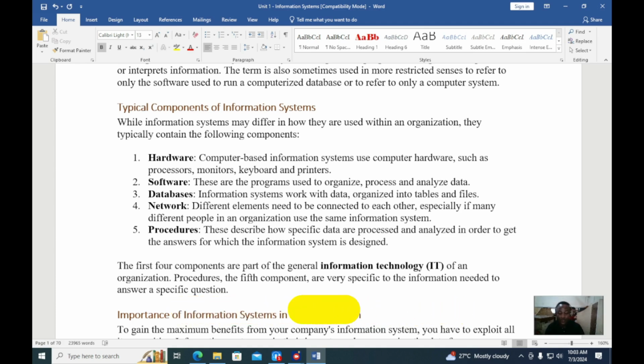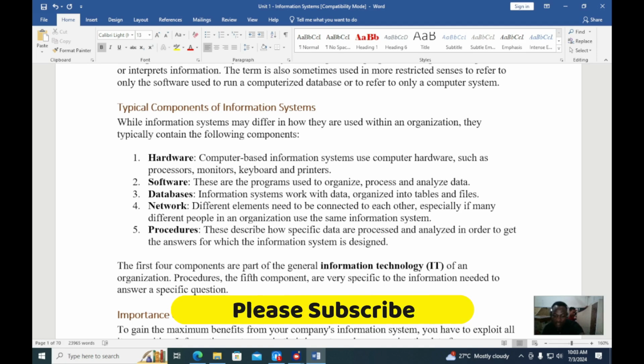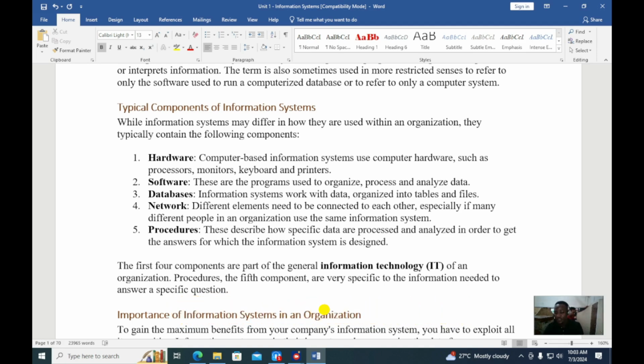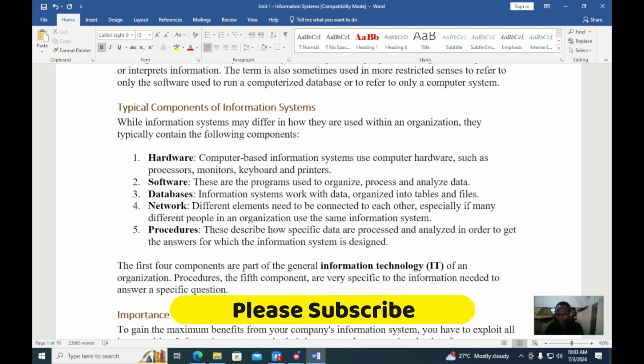Number 5 is procedures. When we talk about procedures, we are looking at the process, the protocol, or the methods in which given data is going to be processed and analyzed, for it to be meaningful, for it to answer some questions, or to be useful, in other words.